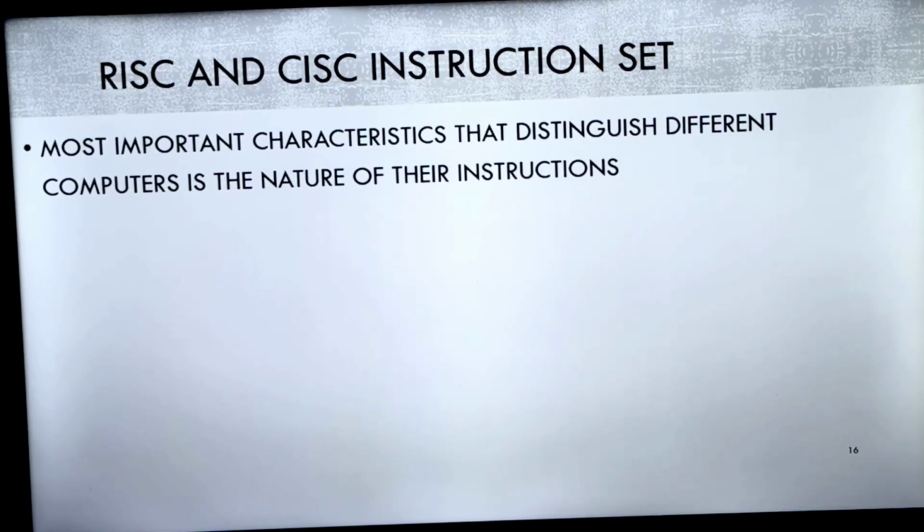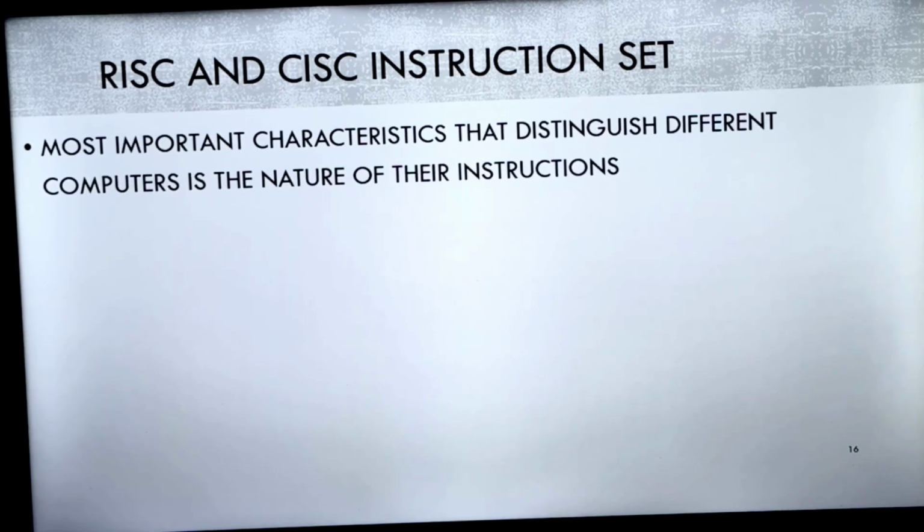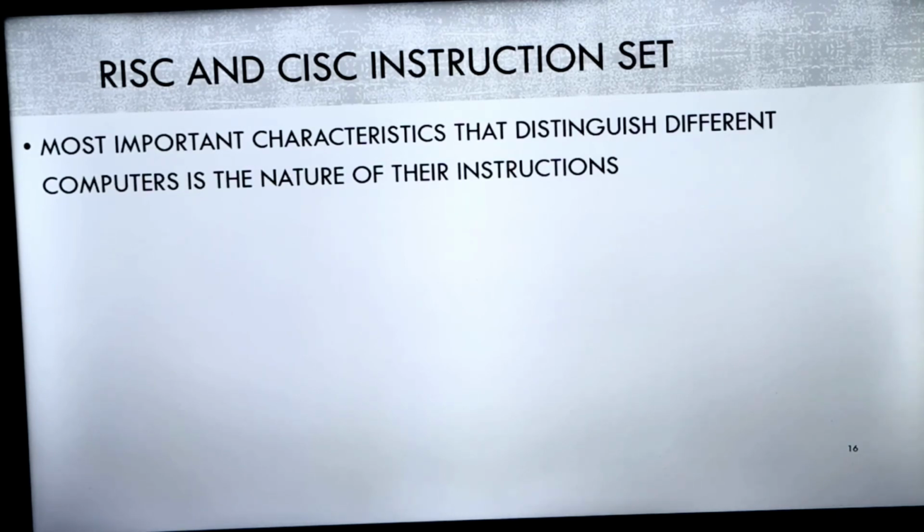That means only those types of instructions your computer can handle. It's not that you will write anything as an instruction and your computer will be able to understand or execute it. No, we have a set of instructions which are already there.